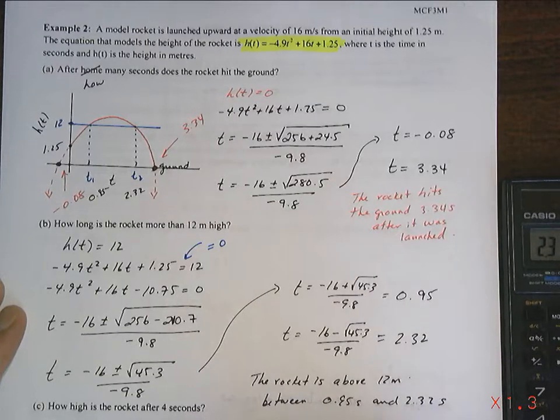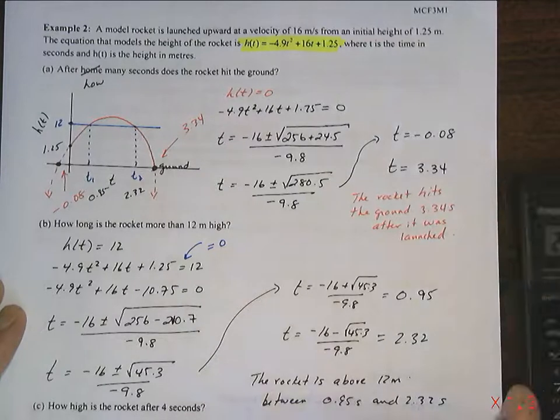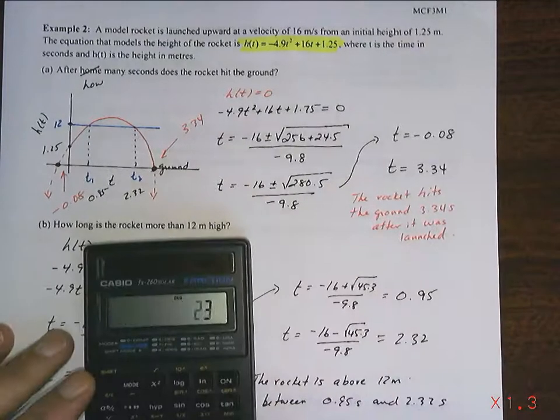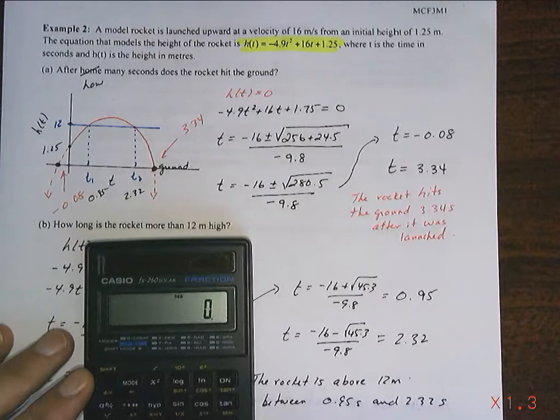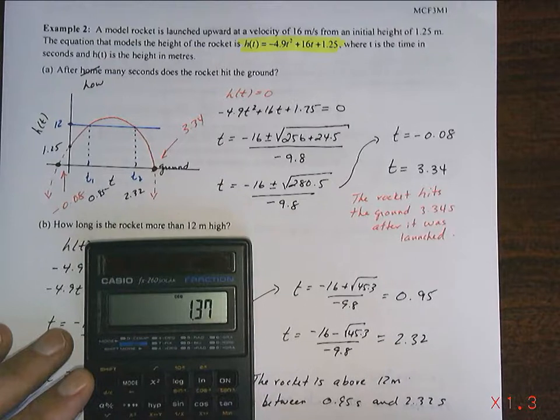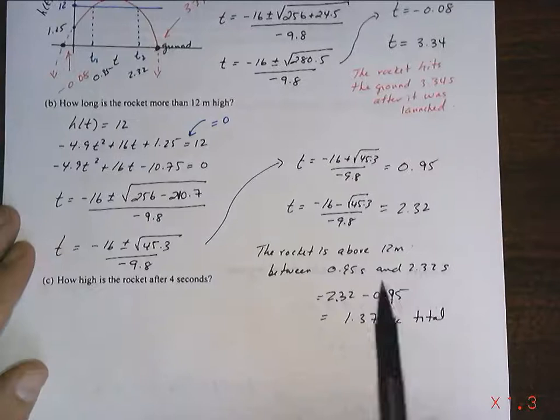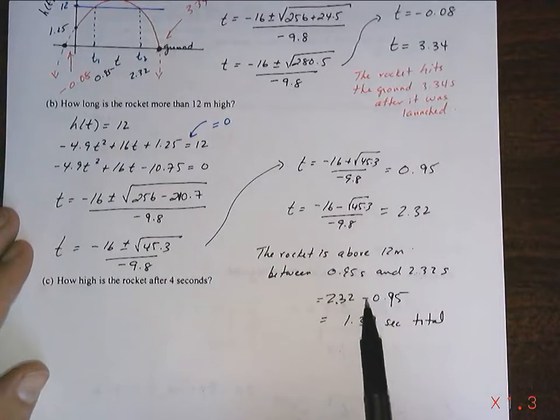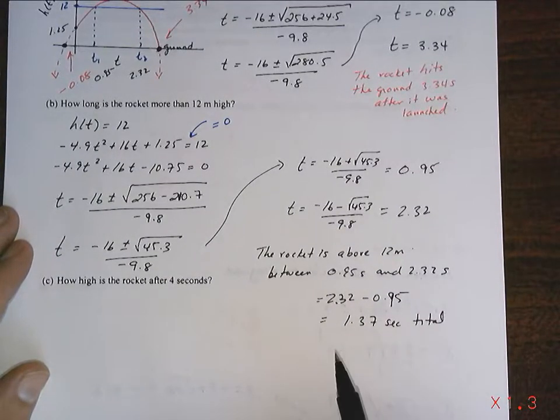So if we subtract those, we're going to get, it's above that for a total of 1.37 seconds total. Sorry about that. So I took the 2.32 and I subtracted the 0.95 and I got 1.37 total.